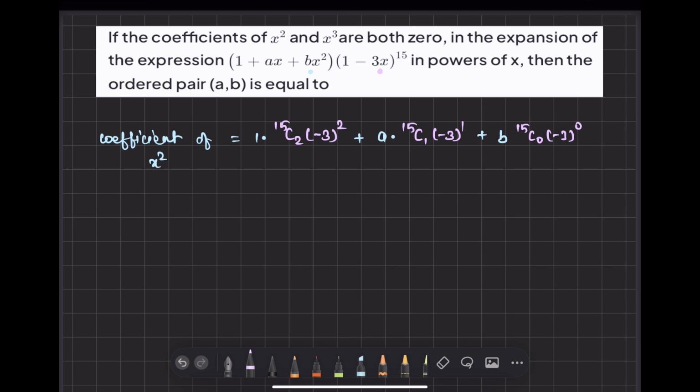So according to us, the coefficient of x square is this, but according to them, the coefficient of x square is 0. Okay, so let's compare.